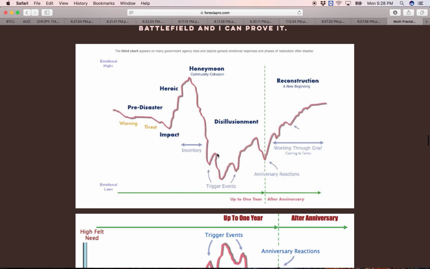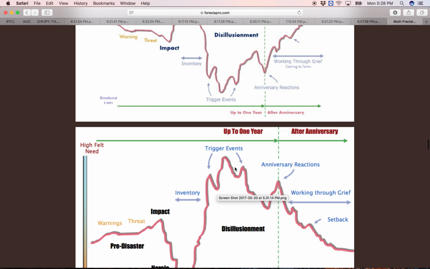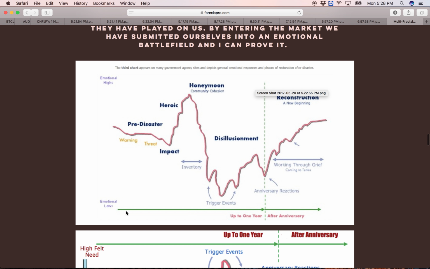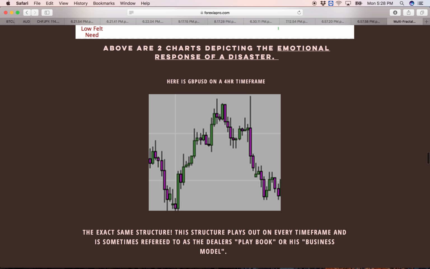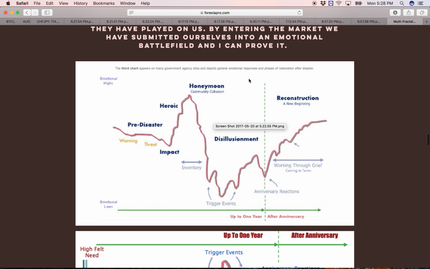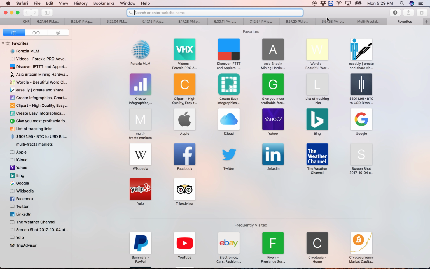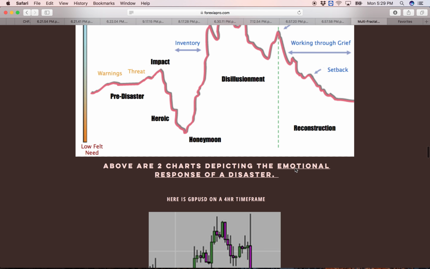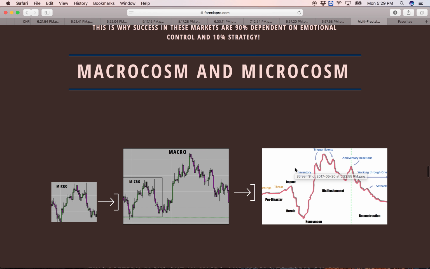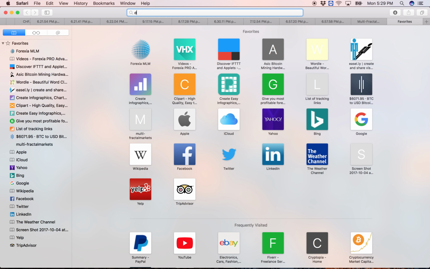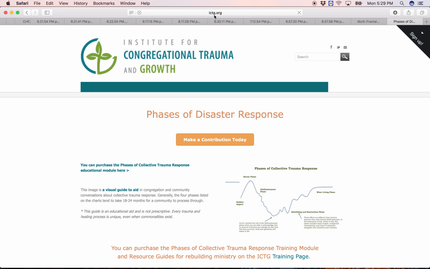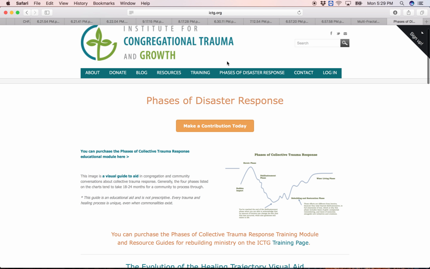So, we've all seen Head and Shoulders right here. These two charts can be found at ICTG.org, Institute for Congregational Trauma and Growth.